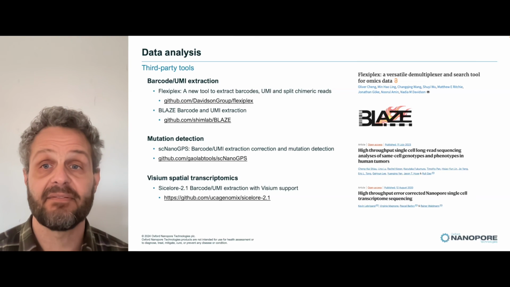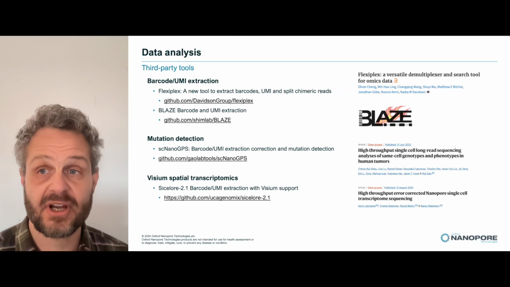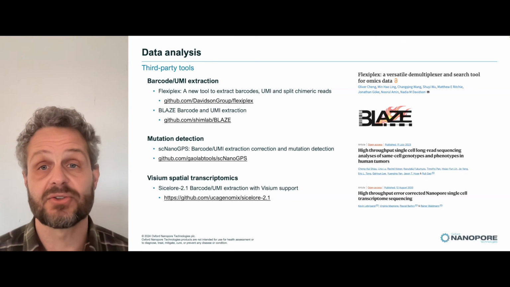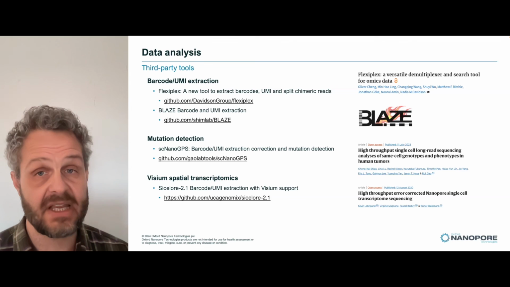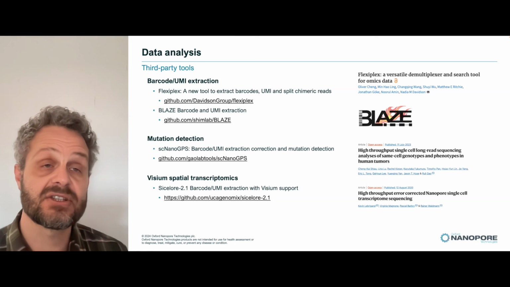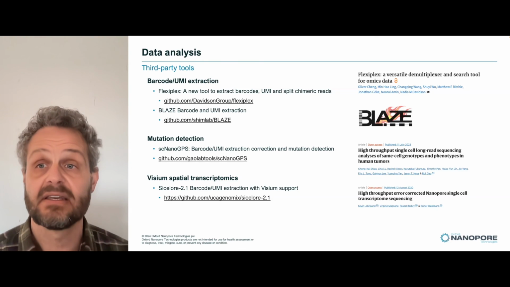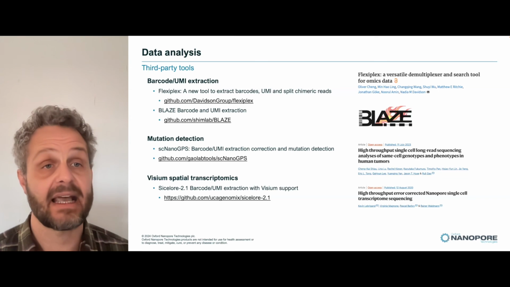So Blaze and FlexiPlex both offer barcode and UMI extraction. FlexiPlex also will split chimeric reads. If you want to identify mutations in your single cell data, scNanoGPS can do this. This can be useful in cancer cell analysis.